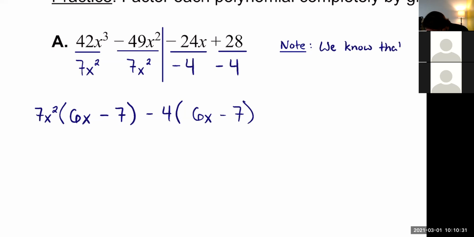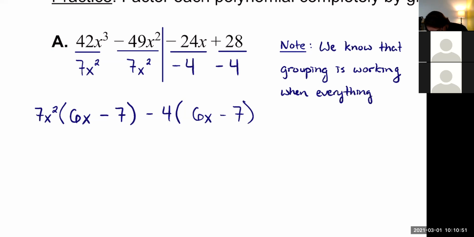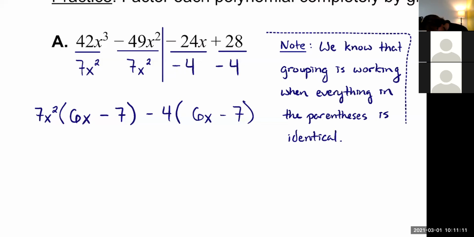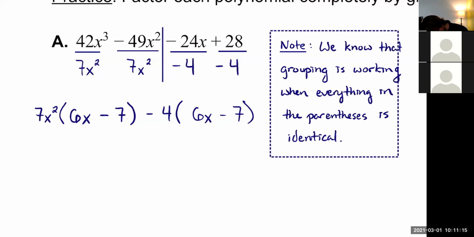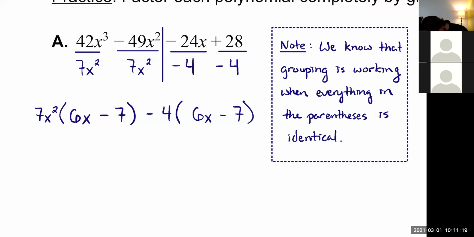We know that grouping is working when everything in the parentheses is identical.